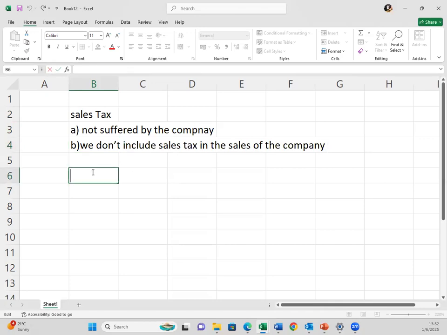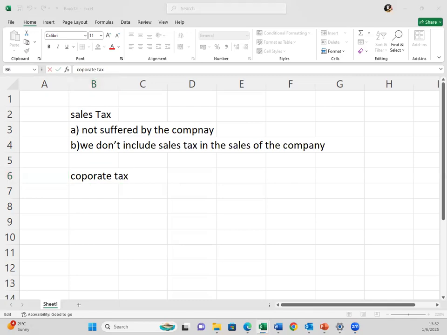Then let's move on. The other type of tax is corporate tax. Corporate tax is tax which is paid by the company. It is the company that is supposed to pay the corporate tax to the revenue authorities.